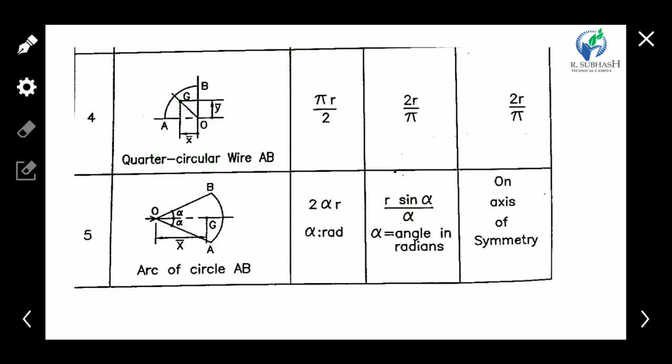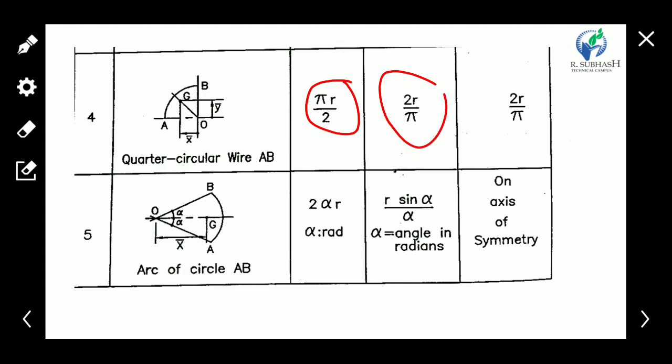Now this is for a quarter circle wire. Pi r by 2 is the length of the wire, and x bar and y bar, the distance from the CG to the reference axis, is 2r upon pi, 2r upon pi.